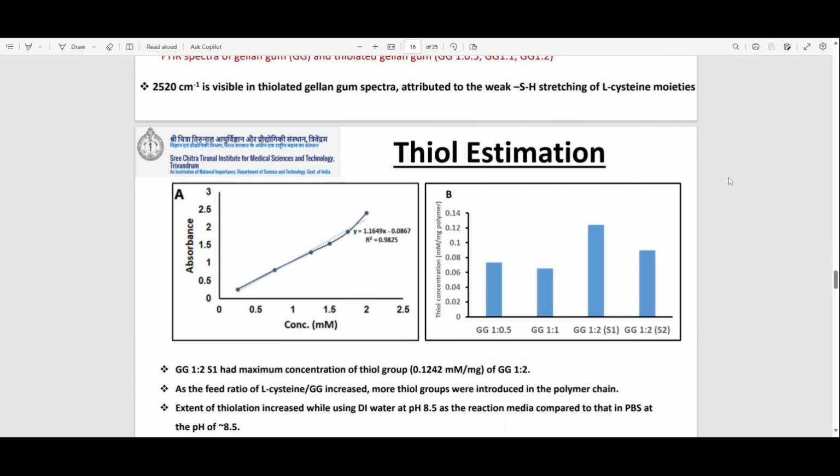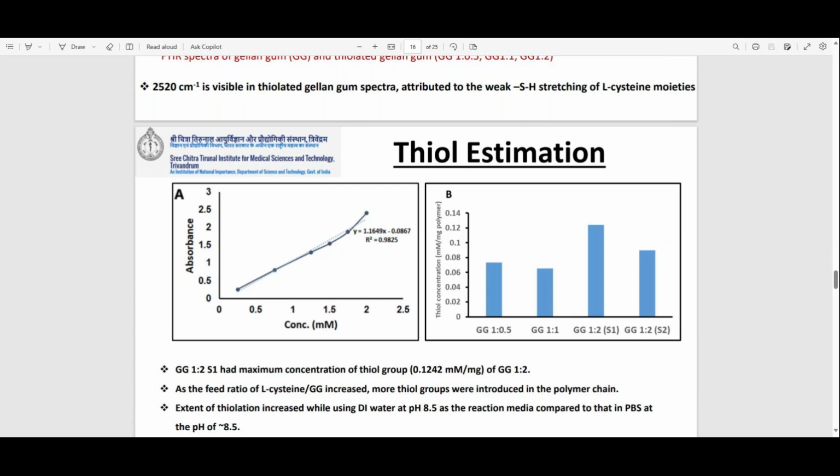And we also checked the thiol estimation of this product, and we can see that we used different feed ratios: 1 to 0.5 of polymer and L-cysteine, 1 to 1, 1 to 2, and so on.